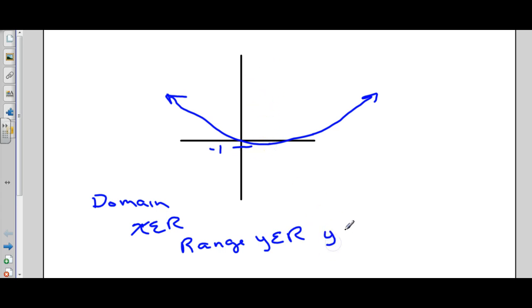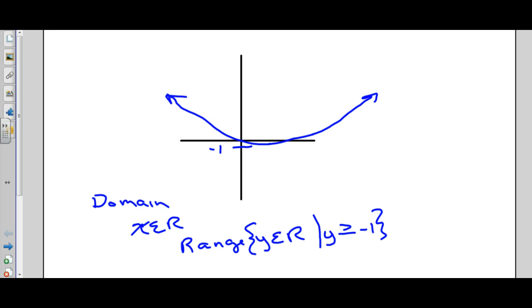And so in this case, we'd say that y is greater than or equal to -1. It's still a real number, and so if we get into fairly proper notation, this is what we're looking at. So it's y belongs to the real number system such that y is greater than or equal to -1.